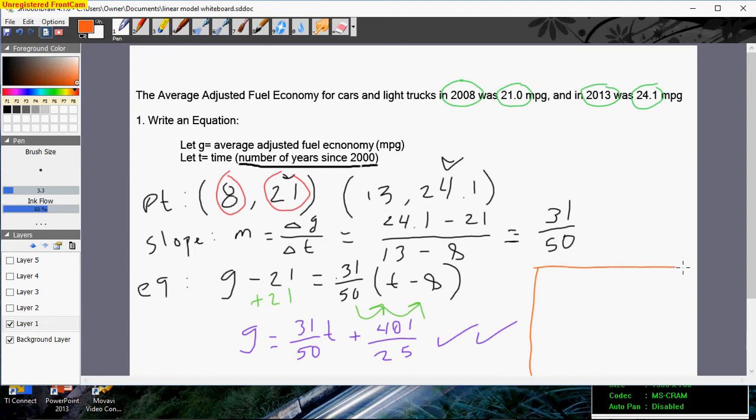If you did write your equation as g equals 31 divided by 50 plus the decimal of this fraction represented as a decimal, which is 16.04, you've done a terrible, terrible mistake, because now you've started to confuse fractions and decimals in your equation.